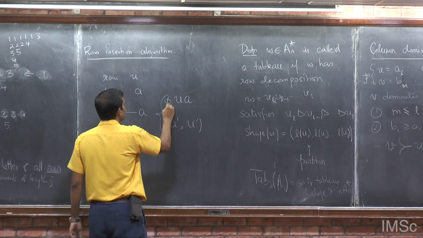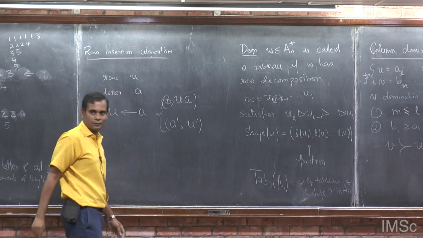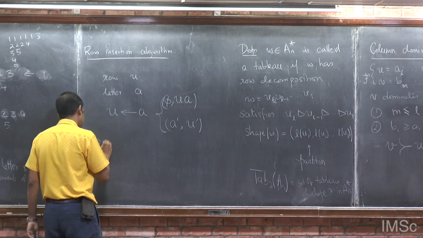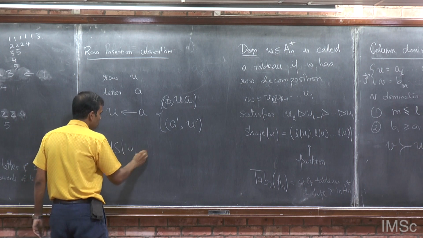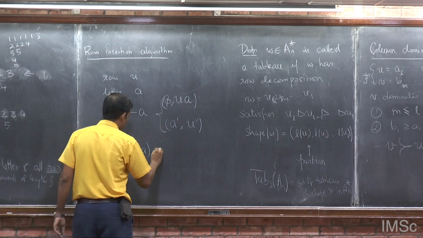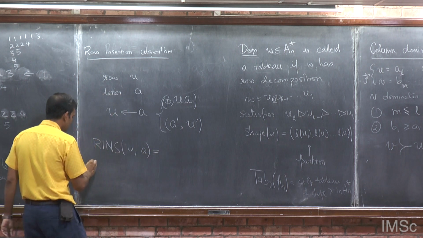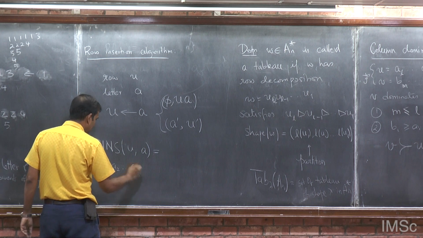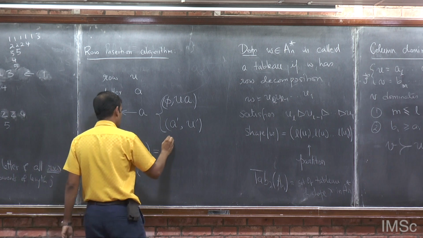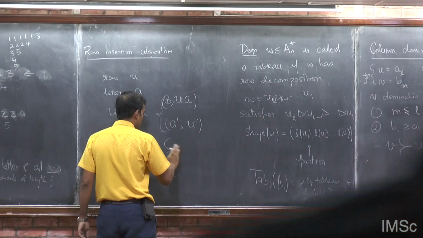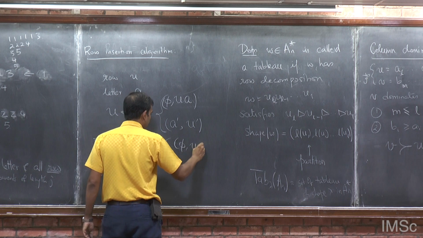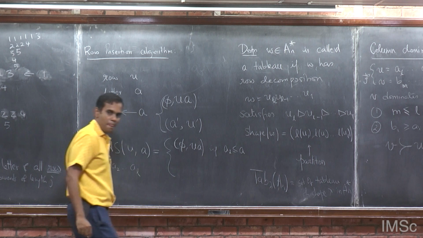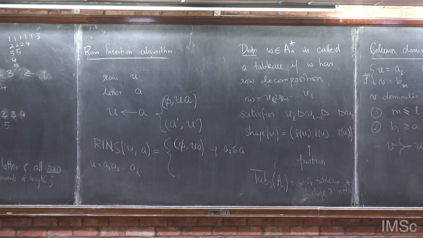So I'll denote this by empty and U, nothing was thrown out. So this algorithm can be thought of as R-ins(U, A) is equal to, okay, so let's firstly say U is A1, A2, ..., AL, then we will say that this is equal to (empty, UA) if AL is less than or equal to A, right.